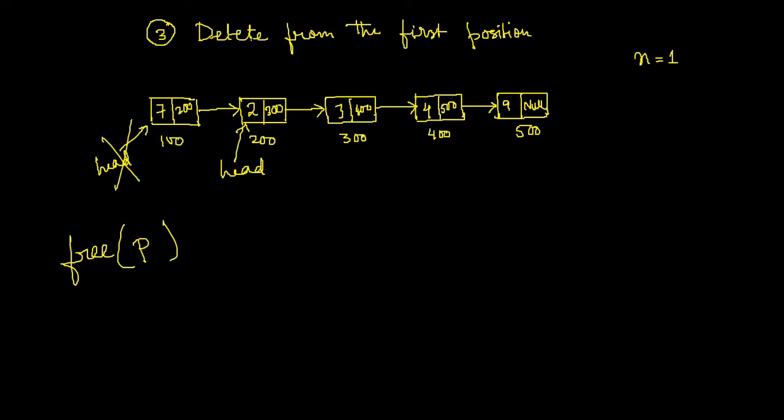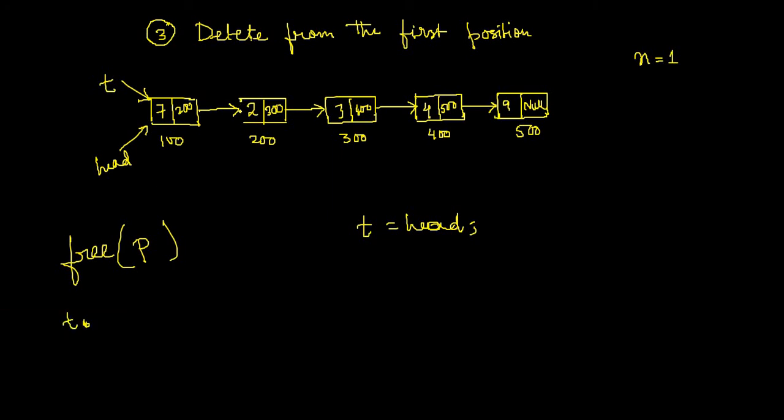What can you do? You can copy the content of head into some other variable, say t. So you can write t equal to head. t equal to head means this node is now pointed to by t also. And head was there, obviously; the head has not yet vanished.